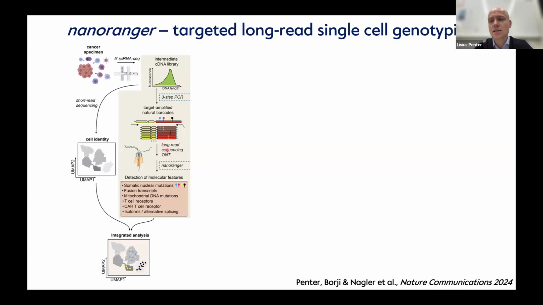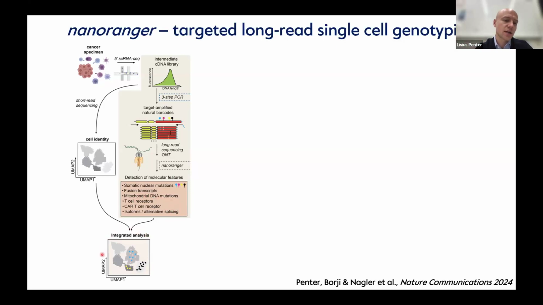The reason being that this way we can cover the entire molecule, and we're not constrained so much as with Illumina sequencing to certain parts of the molecule, and this has a lot of advantages for the analytical part. We are then able to detect different molecular features such as somatic mutations, but we can also look at other variants, like mitochondrial DNA mutations, I'm going to talk about that, or T-cell receptor sequences, etc.